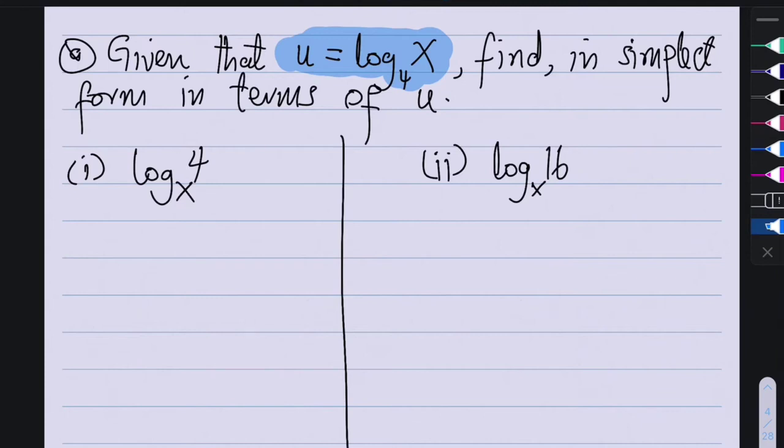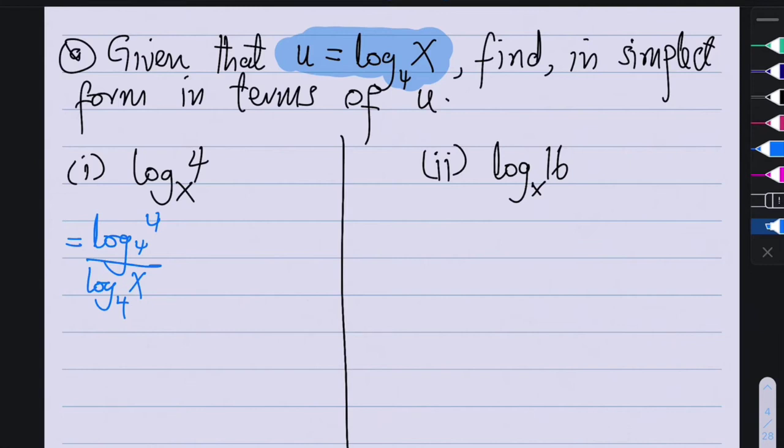Well, if you consider what we have is in base x, but u actually is something in base 4. So change everything to base 4. Let's do that. That means that we will have log 4 base 4 over log x base 4.